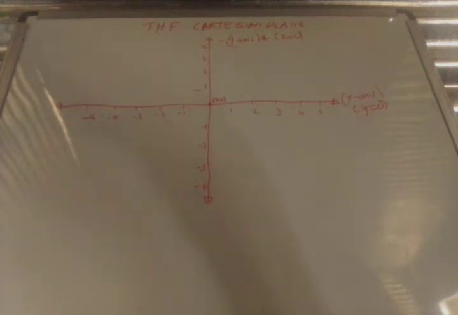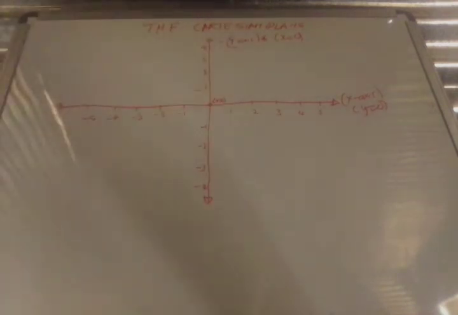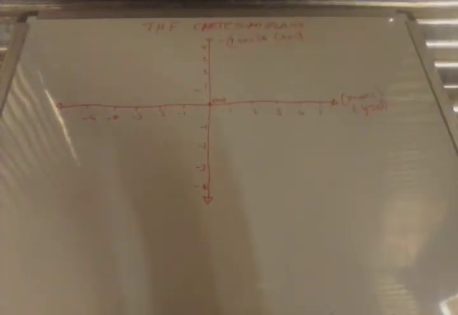And even if we move from the origin to 4, the x value wouldn't have changed. So the x value would be the same at any point on the y-axis. Therefore, the equation of the y-axis is x equals 0.